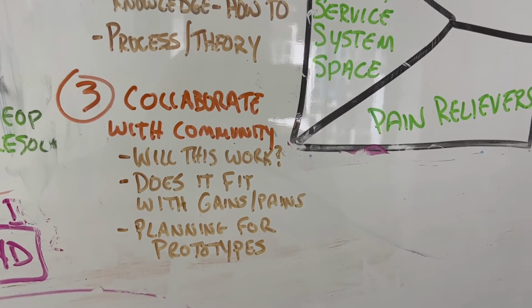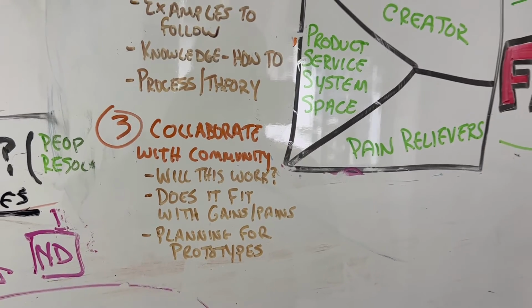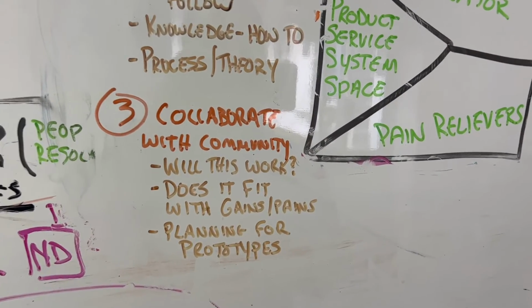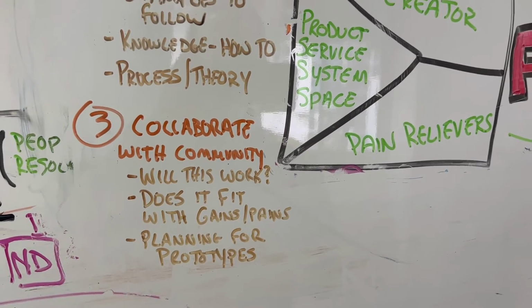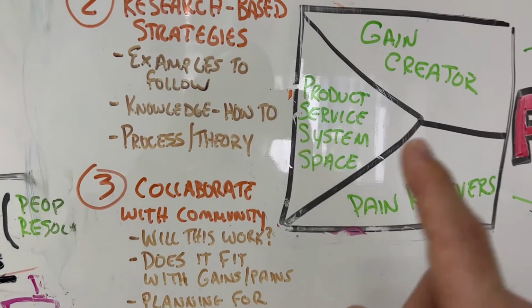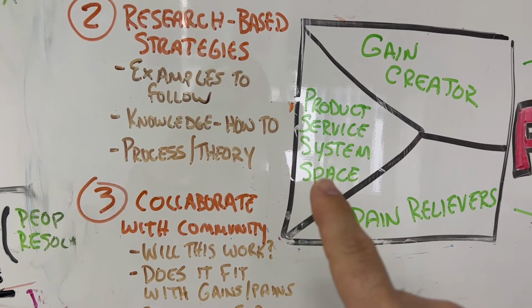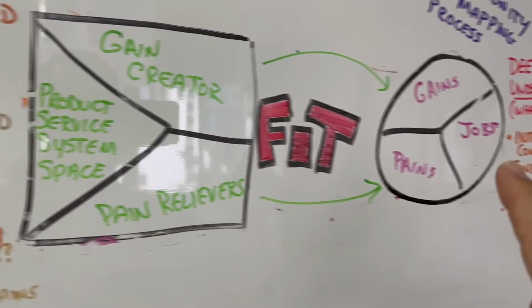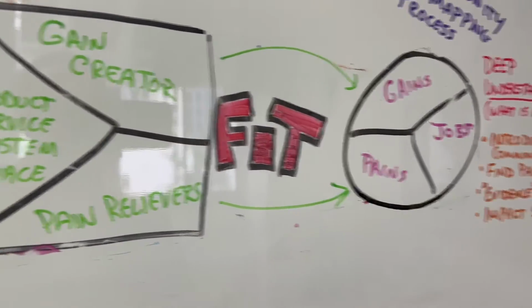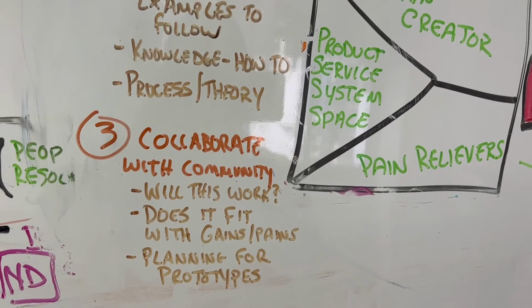Things like that. And then the last piece here with our strategy is collaborating with the community. So it's really important to ask the question, hey, do you think this is actually going to work? And you're also going to be considering, does my potential strategy actually align or fit with these gains and pains that I'm understanding from my community mapping process?